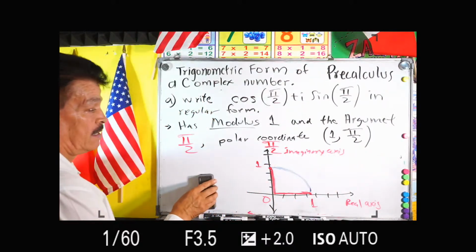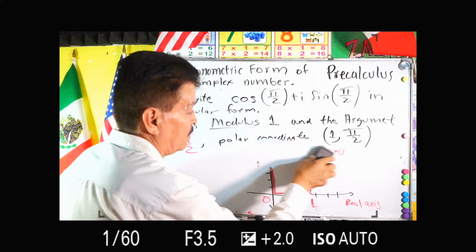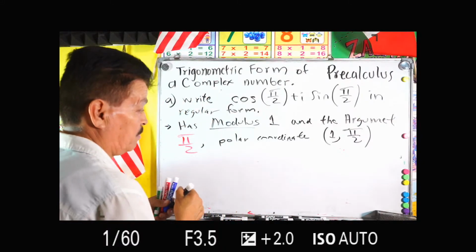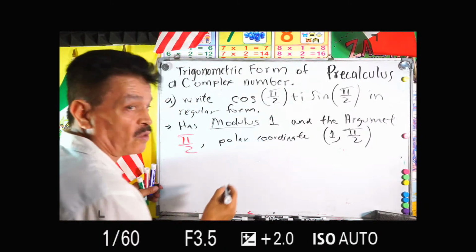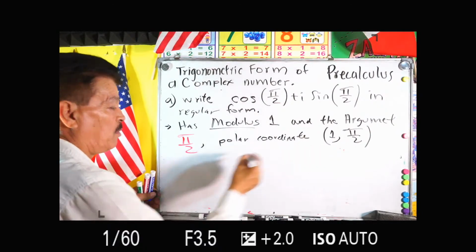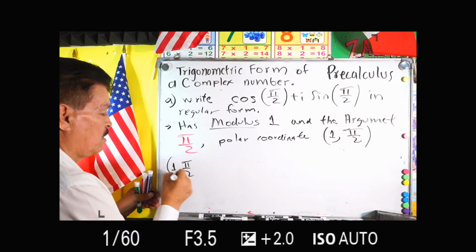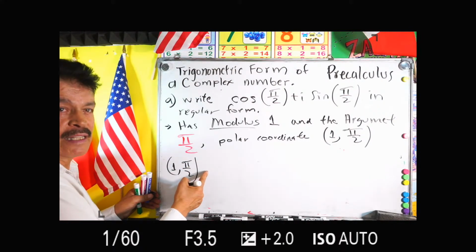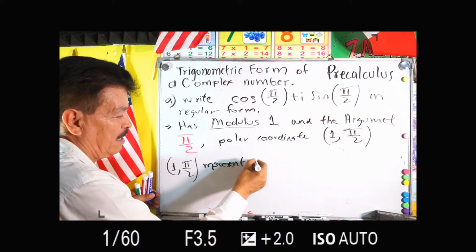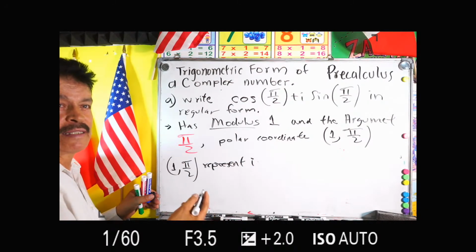I will erase it here. Maybe this is easier to understand in the graph. So the point 1 comma pi divided by 2 represents the imaginary unit in the complex plane.